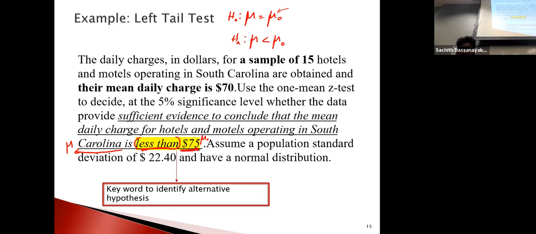On the right hand side you can always find the mu naught, either a value or an explanation of it. The left hand side always mentions your mu, which is the population mean. That's how we easily identify what is mu and what is mu naught. This is just one way. Clear?